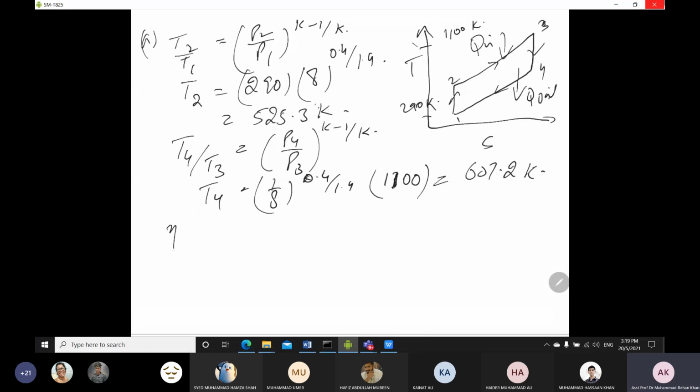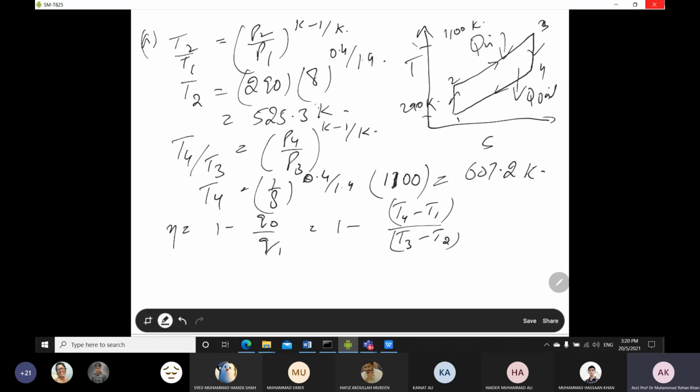Now we can simply use the efficiency equation, which is 1 minus Q out over Q in. From here we can say efficiency is 1 minus (T4 minus T1) over (T3 minus T2), which we already saw in the previous slides.